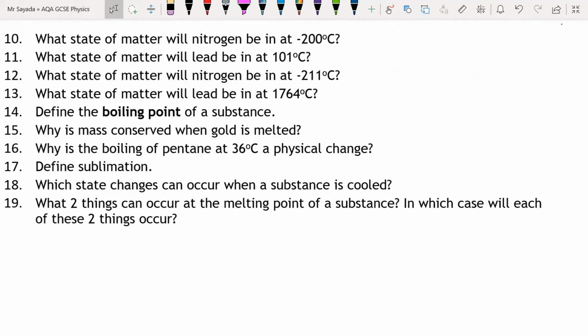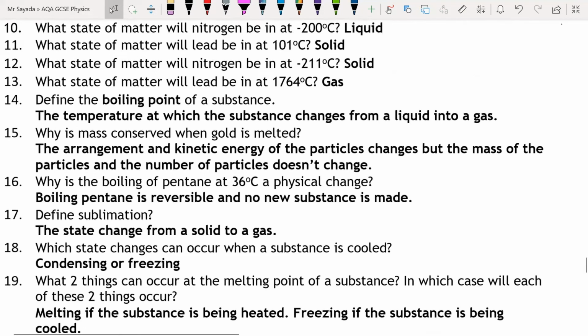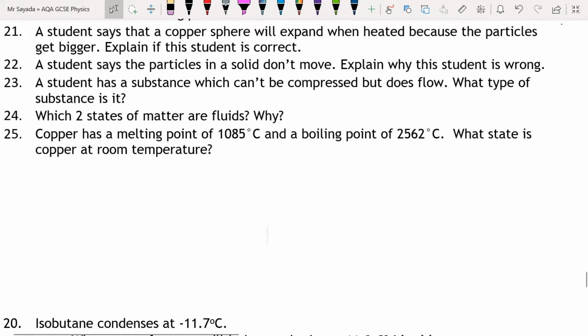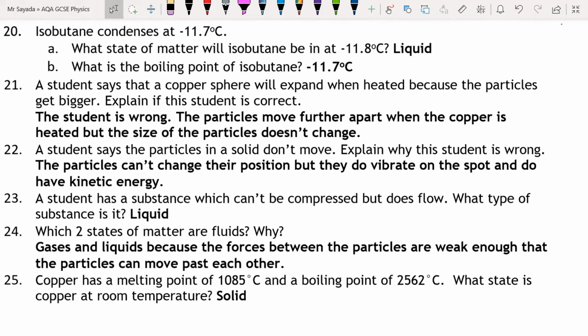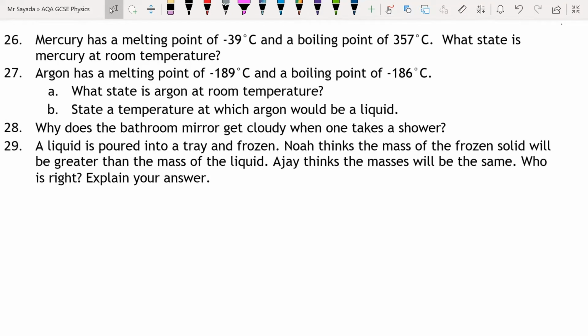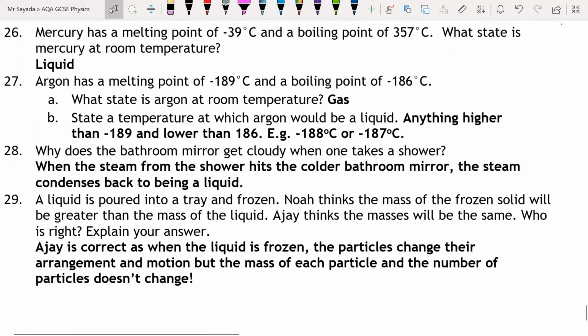Then pause the video to mark and correct those questions, and press play once you've done that.